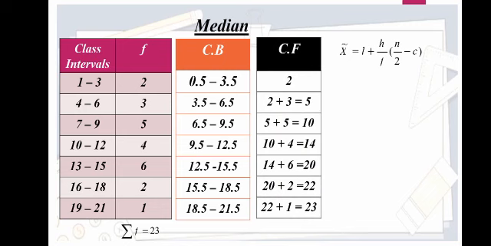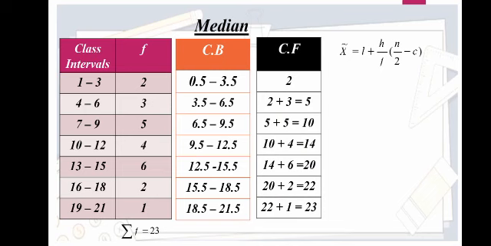The first frequency will remain the same, like in the first row the frequency is 2. So the first cumulative frequency will be 2, and for the next cumulative frequencies add the next frequencies in the respective column. Like the second row frequency is 3, so you have to add it to the previous cumulative frequency, that is 2.